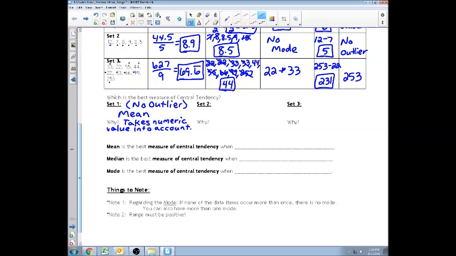Set 2, again, no outlier. Here we could possibly use mean or median. They are both pretty centralized. I would tend to use the mean myself.